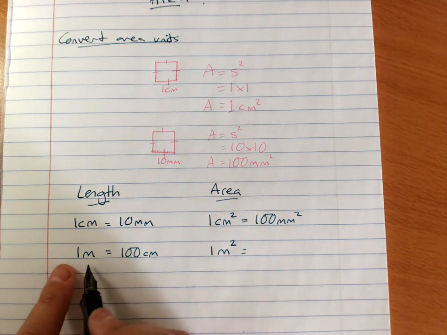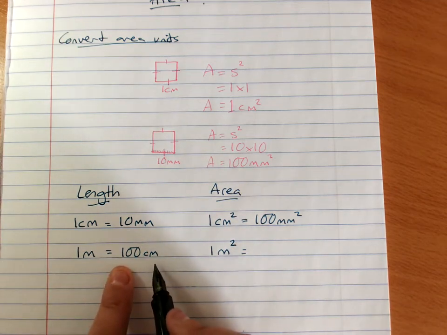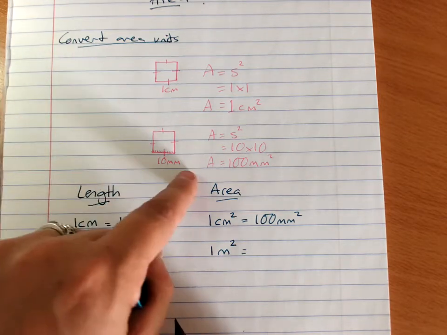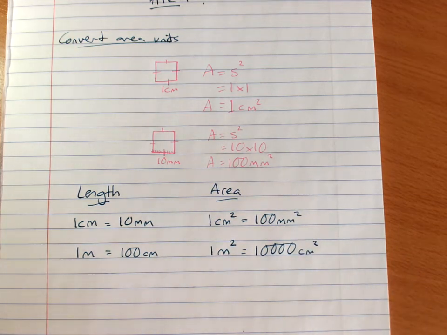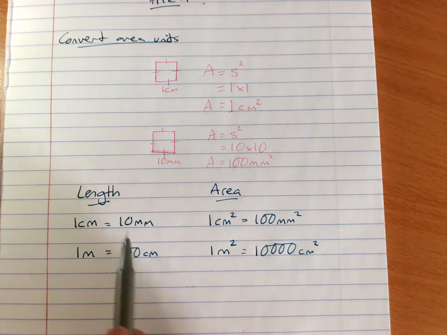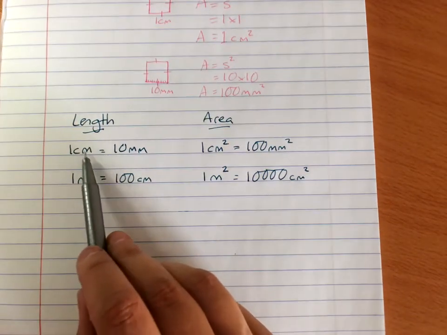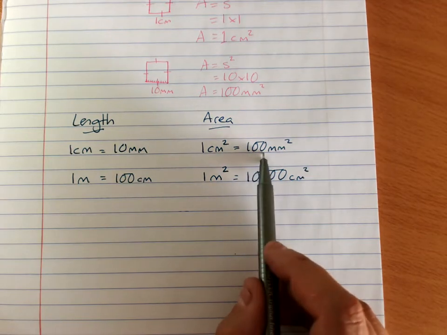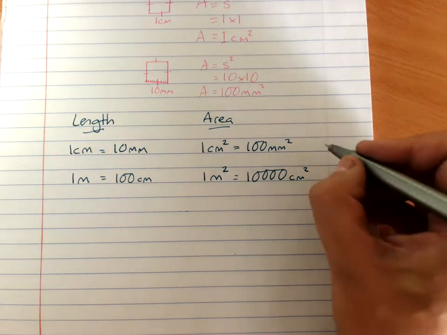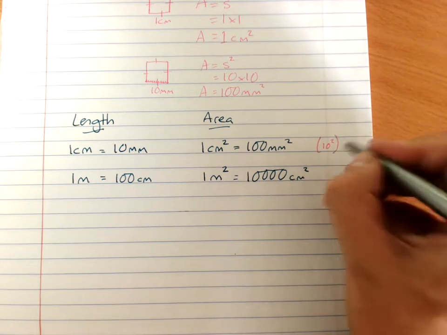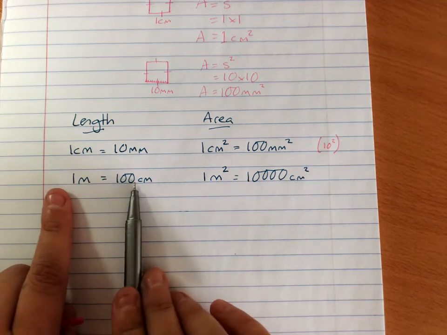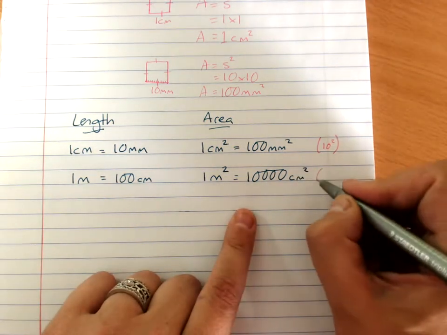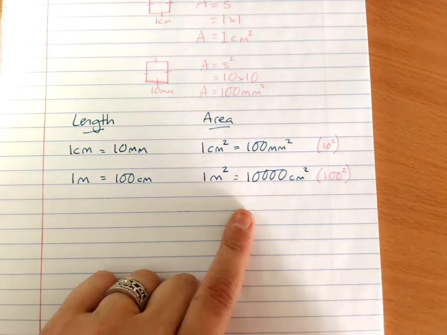Because this length of 1 metre is 100 centimetres, says that square would be 100 times 100, 10,000 centimetres squared. Now, if you look carefully at these numbers, you'll see that the length relationship of 1 to 100, the squared relationship is 10,000, which is 100 squared.